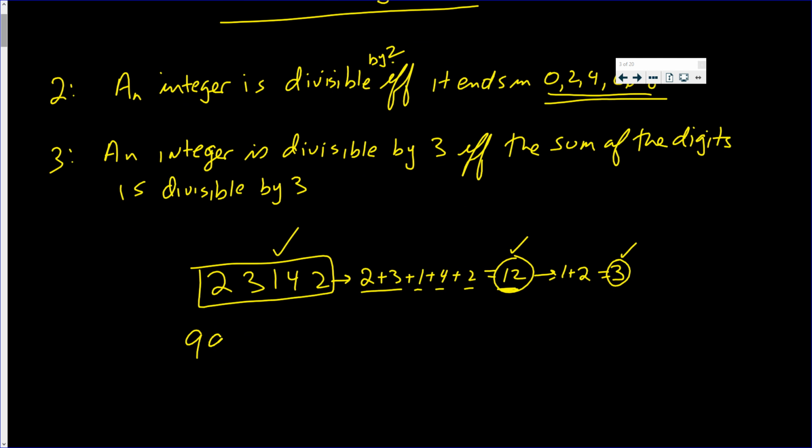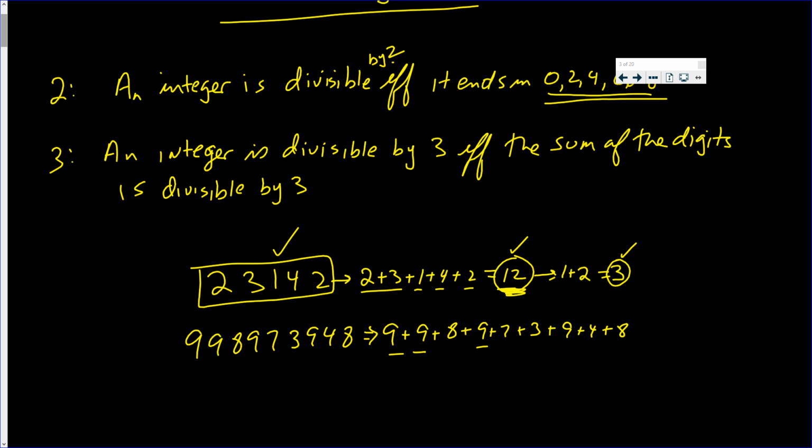If you have 9, 9, 8, 9, 7, 3, 9, 4, 8, when we add these numbers, I expect to get a somewhat larger number than 12. 9, 18, 27, 35, 45, 54, 62, I get 66.